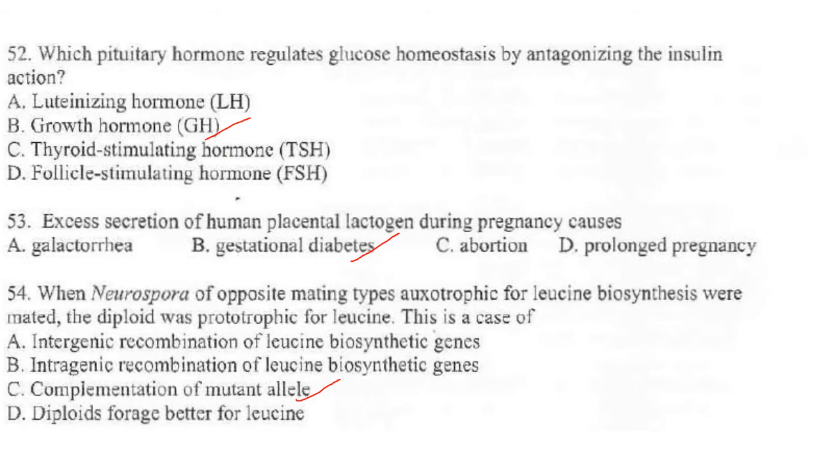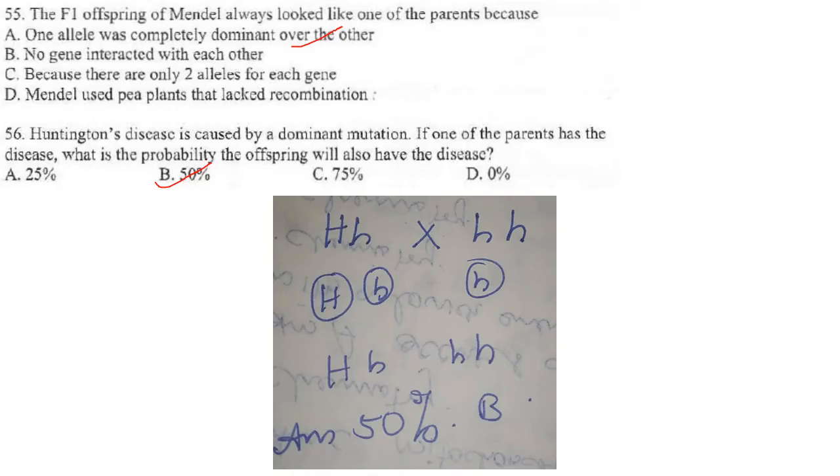Answer is option B. Excess secretion of human placental lactogen during pregnancy causes gestational diabetes. When Neurospora of opposite mating types auxotrophic for leucine biosynthesis were mated, the diploid was prototrophic for leucine. This is a case of complementation of mutant alleles. Answer is option C.